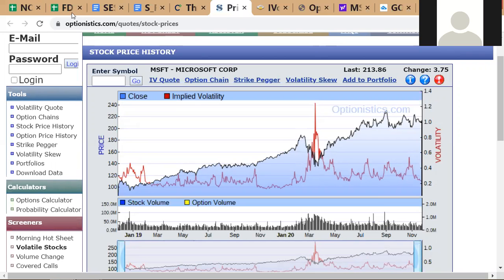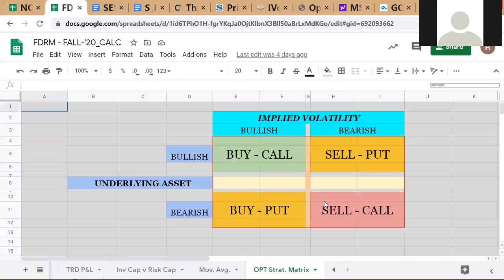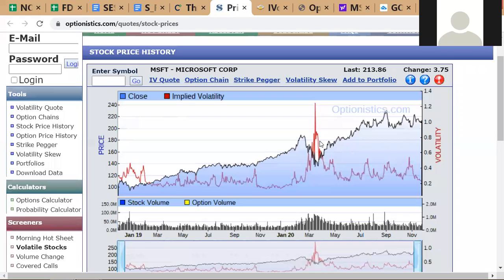You have 4 alternatives: buy puts, sell puts, buy calls, sell calls. Which of these 4 would you choose if you were heavily long on Microsoft and the stock starts to decline?